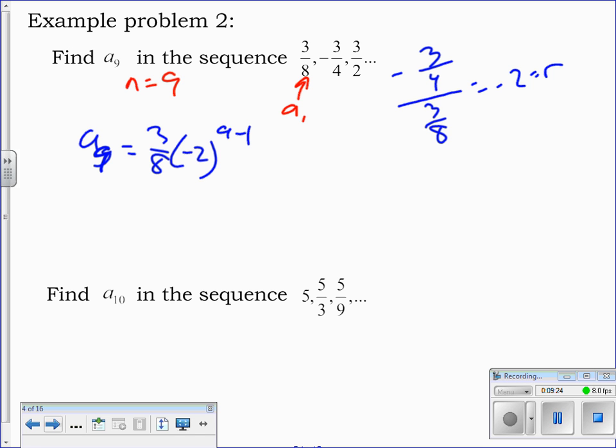Okay. And if you do it correctly, you should get 96. And you do it correctly, you end up getting 96. To the 9 minus 1. Sorry, my lowercase a's and my 9's look very similar.